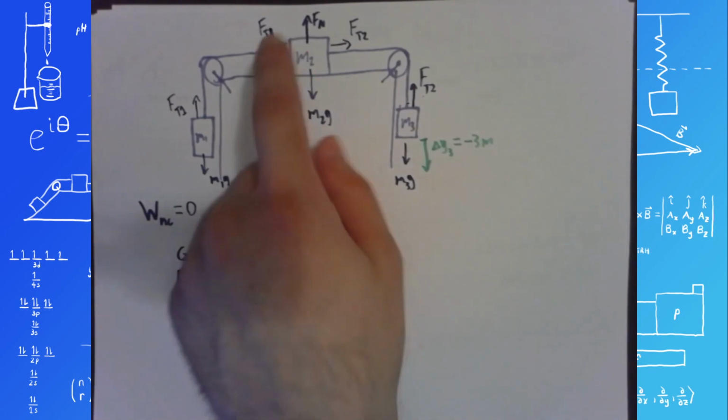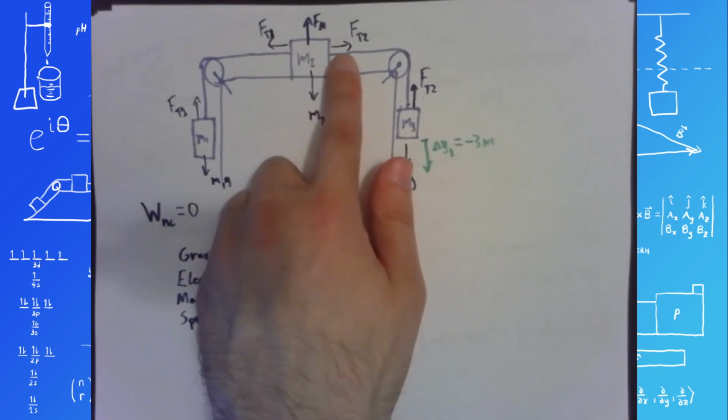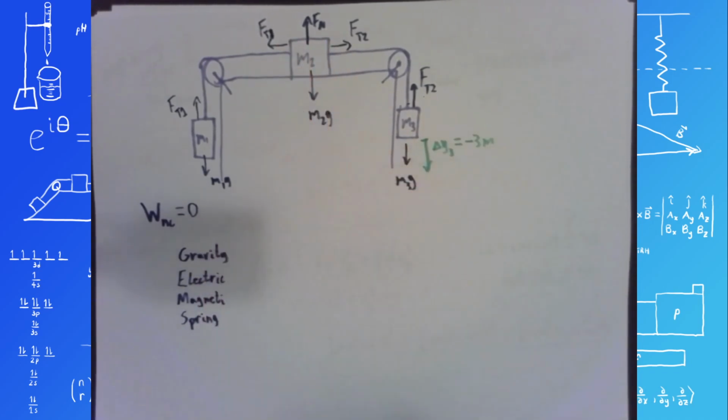Well, the normal force doesn't do any work because this object is going to move horizontally and the normal force is vertical. Cosine of 90 degrees between those two directions gives you 0. So non-conservative work done by normal force, 0. Good news so far. What about the tension force?